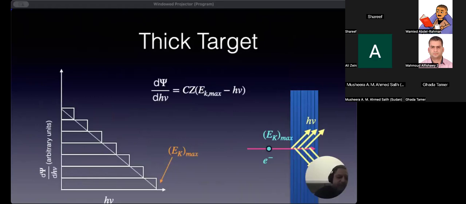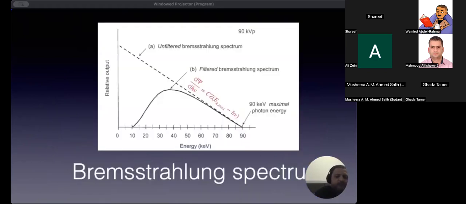That's why the fluence, or the energy fluence density, is going to be proportional to Z of the target. This is not Z of the particle. We're talking about electrons, Z of the target. So here is an example of this Bremsstrahlung spectrum. Okay, and if we look at the unfiltered Bremsstrahlung spectrum, it should follow this line.